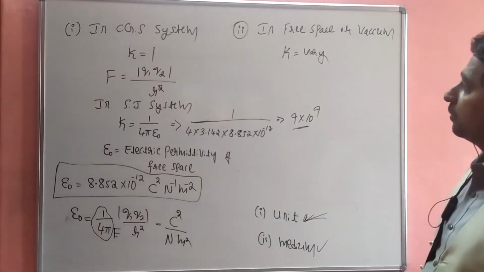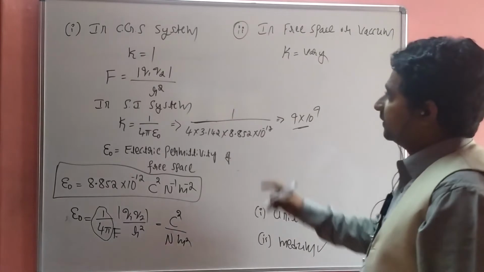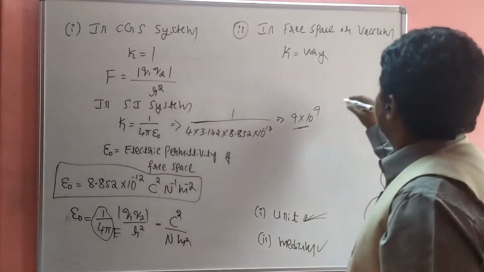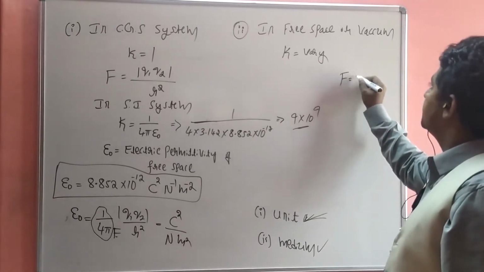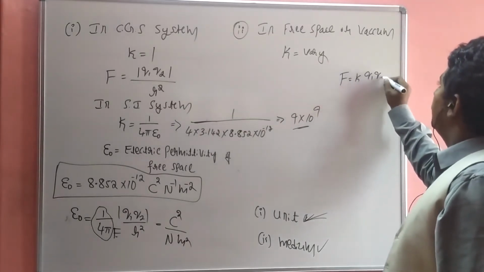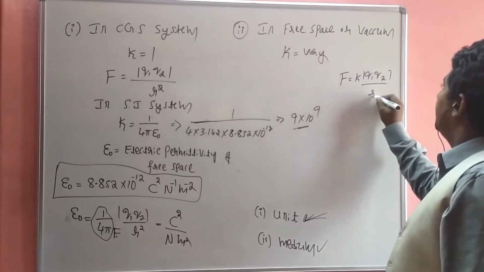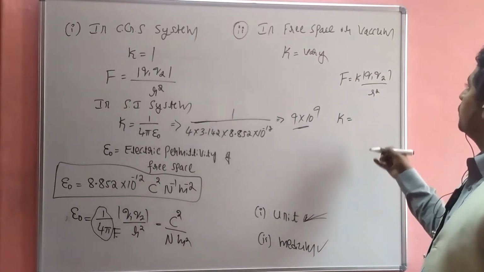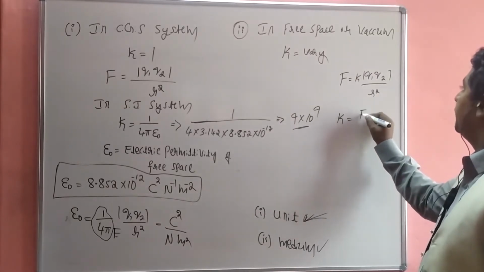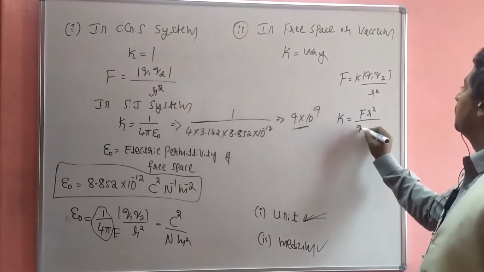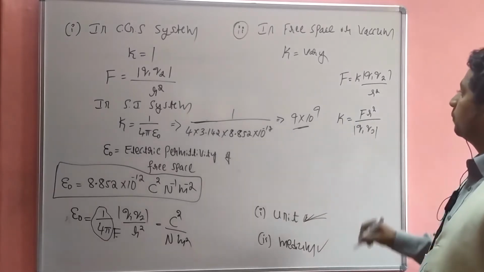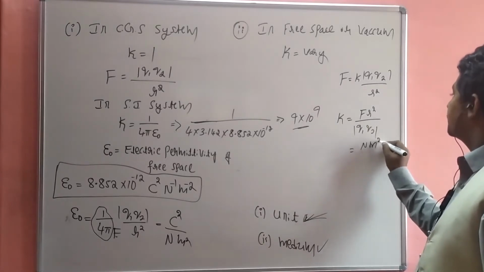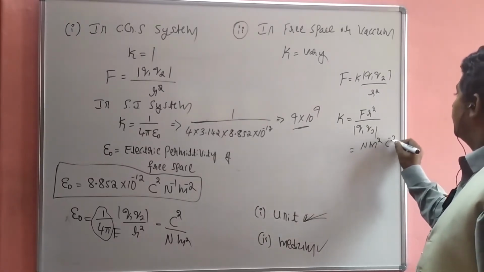What is the unit? For example, this is K. So K is equal to F r square divided by Q1 Q2, from F equals K Q1 Q2 divided by r square. So the unit is Newton meter square per Coulomb square.